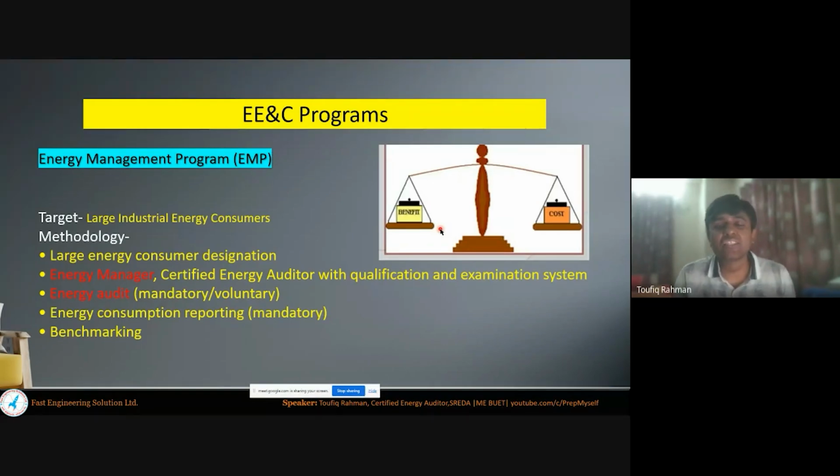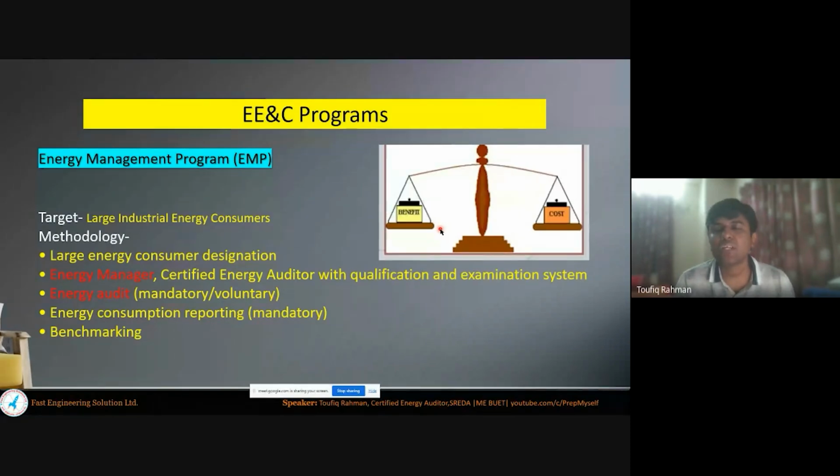So here it is a job opportunity for you, that you can earn certificates for energy manager, as well as certificates for energy auditor. If you get a certificate for energy manager and energy auditor, you can have some jobs, because these are professional certificates.